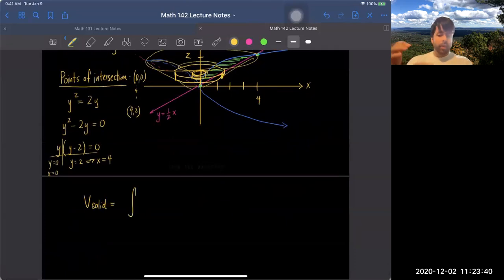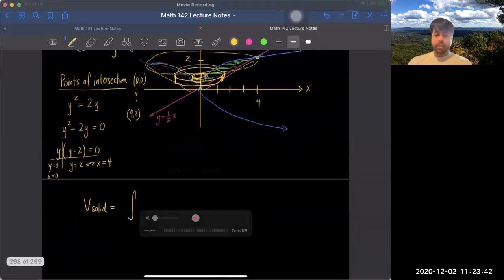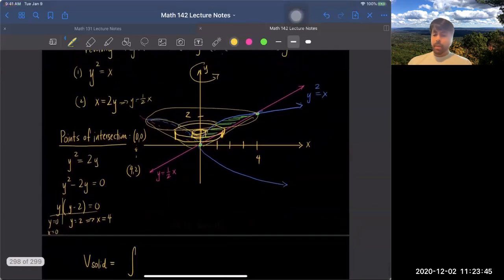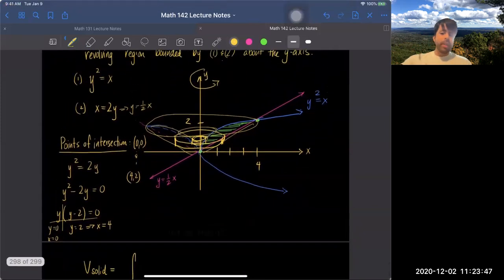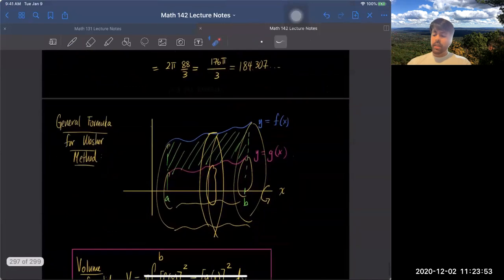Well, I'm going to have certain bounds of integration. But the difference is that in the previous scenario my disks were sliced vertically, but horizontally stacked.